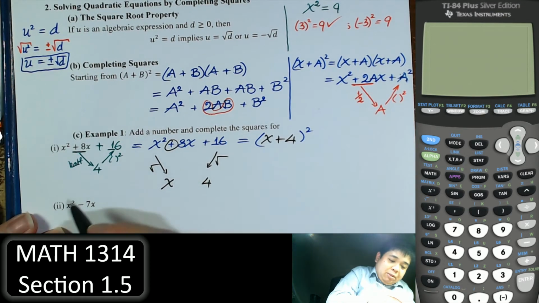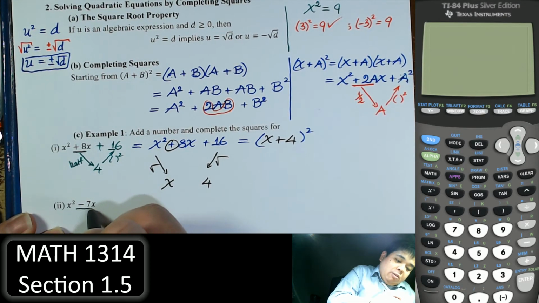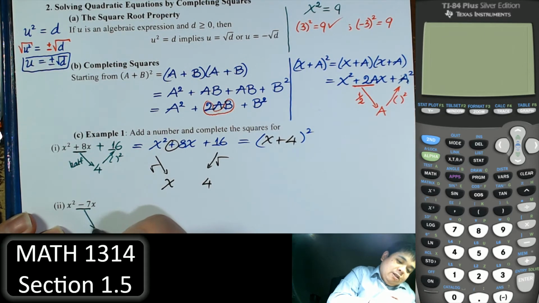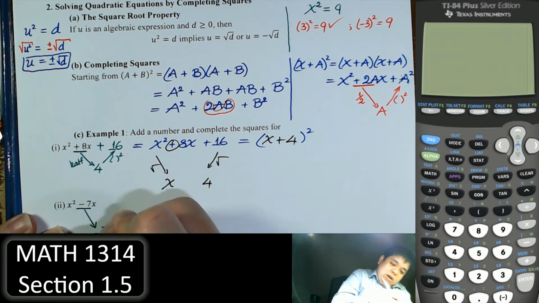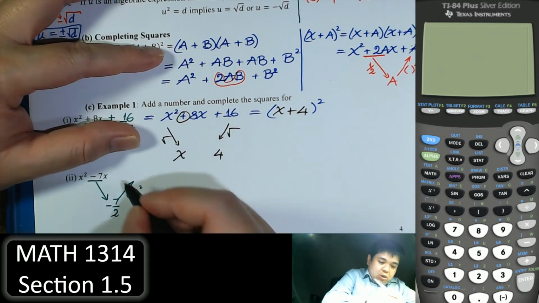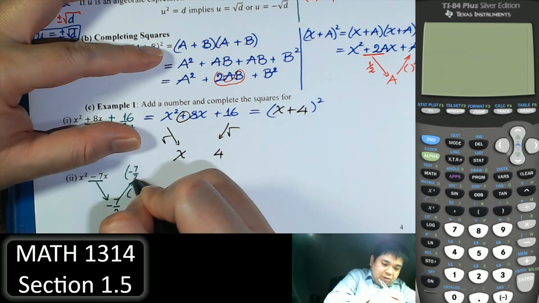Right, same thing. For this problem, cut this in half, and then we square it. So I'm just going to say negative 7/2 squared.